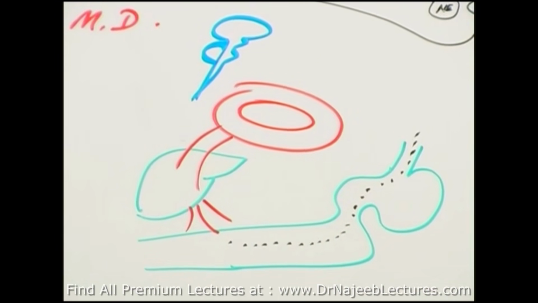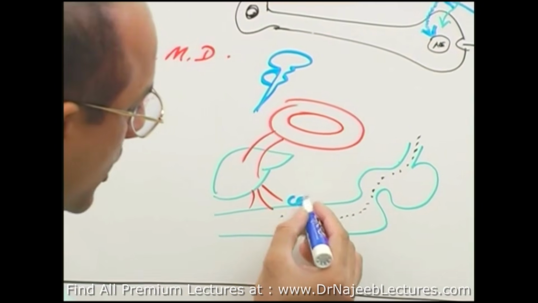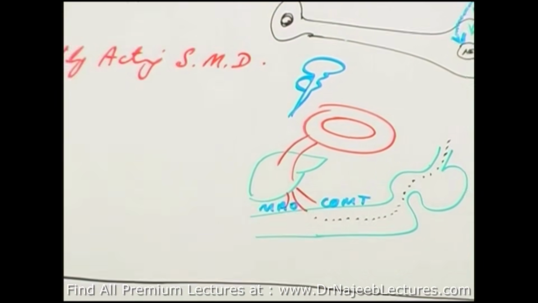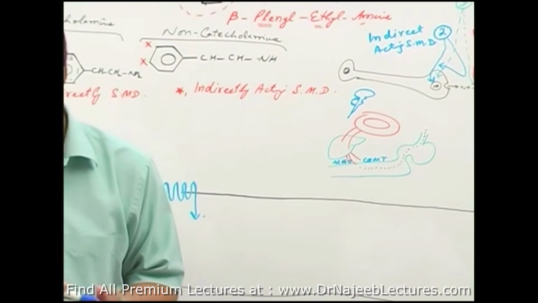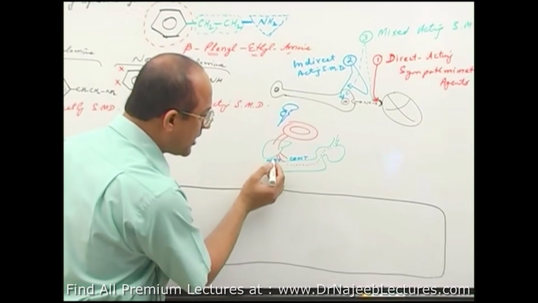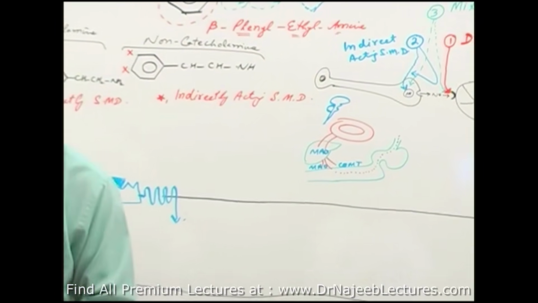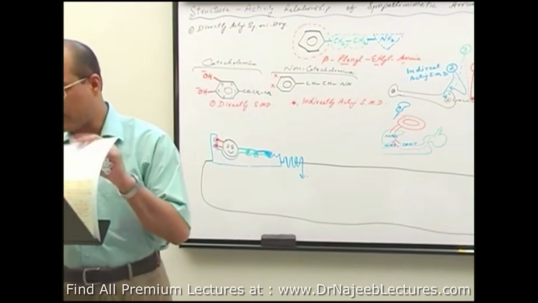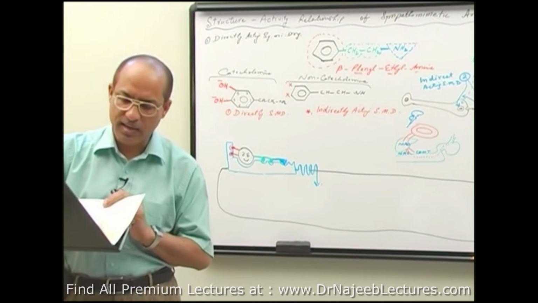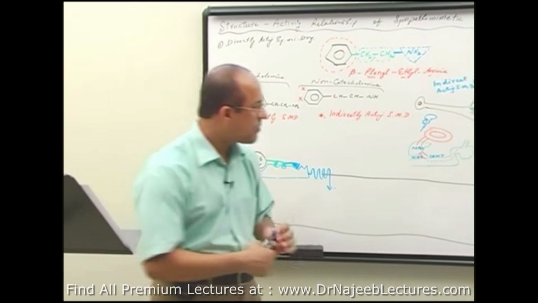No. And whatever little amount is absorbed will be destroyed by COMT and monoamine oxidase in the GIT mucosa, and also by destructive enzymes in the liver, monoamine oxidase, which is present in the liver, and the liver has some small amount of catechol O methyl transferase as well.